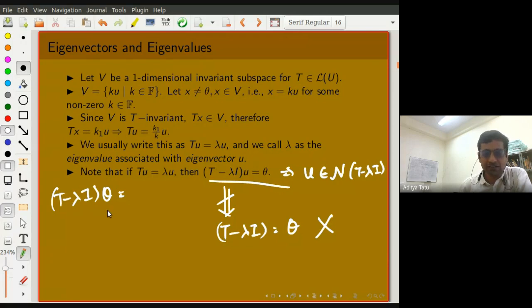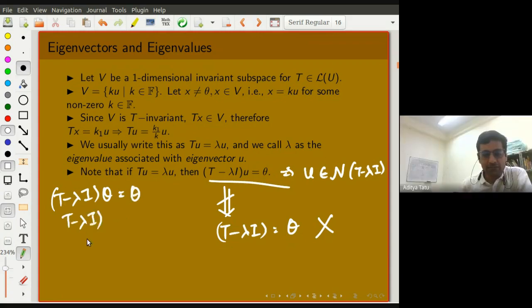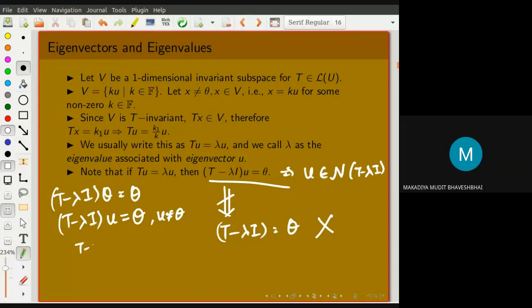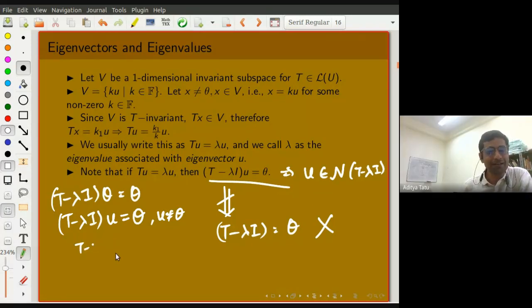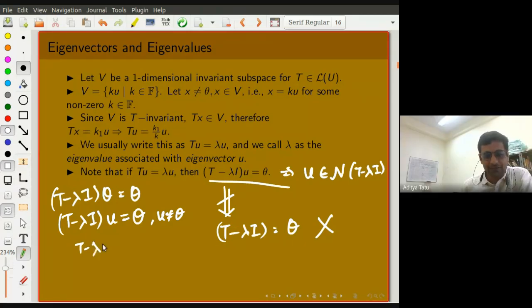I don't think I asked a particularly difficult question. Theta. And we also know that T minus lambda I, the same operator, maps u to theta, and we know that u is not theta. What do both these equations imply? T minus lambda I is not invertible.